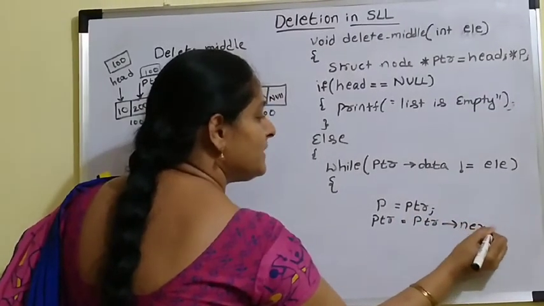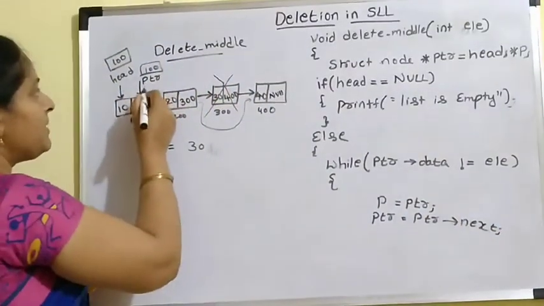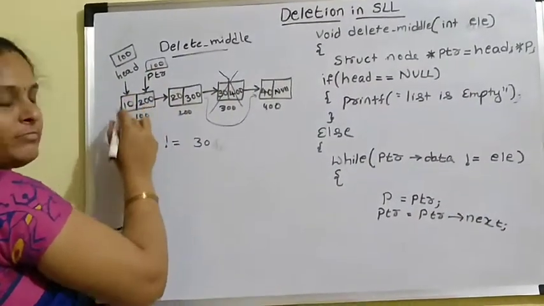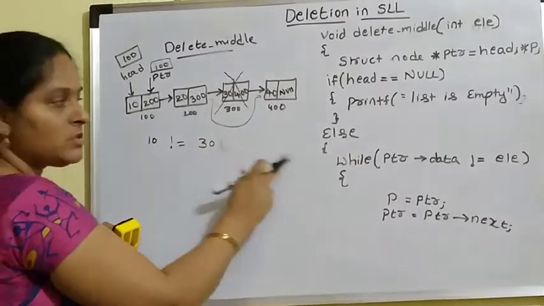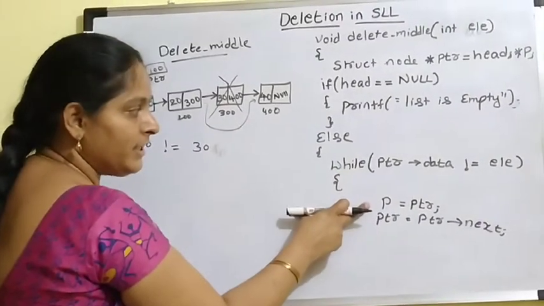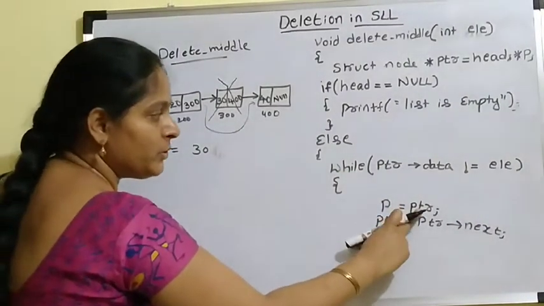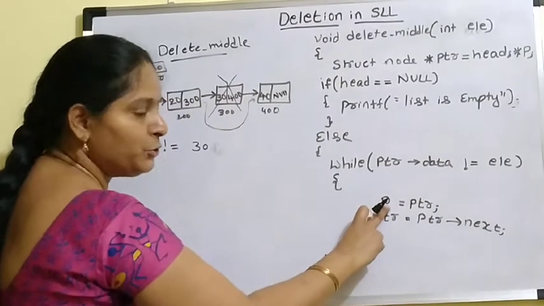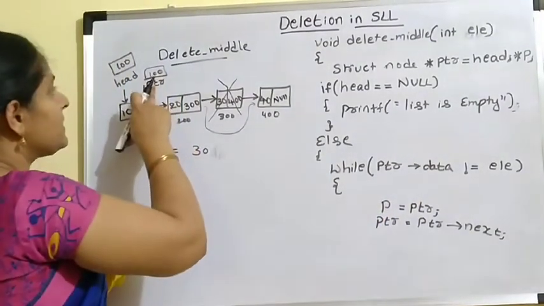See this logic once. In my example, PTR data is 10. 10 is not equal to 30, so the condition is satisfied and we enter the loop. Inside the loop, we assign the PTR address to P. What is the PTR address? 100.